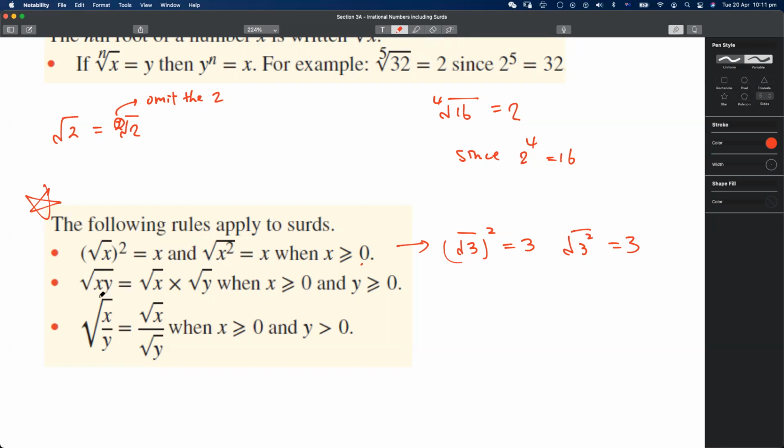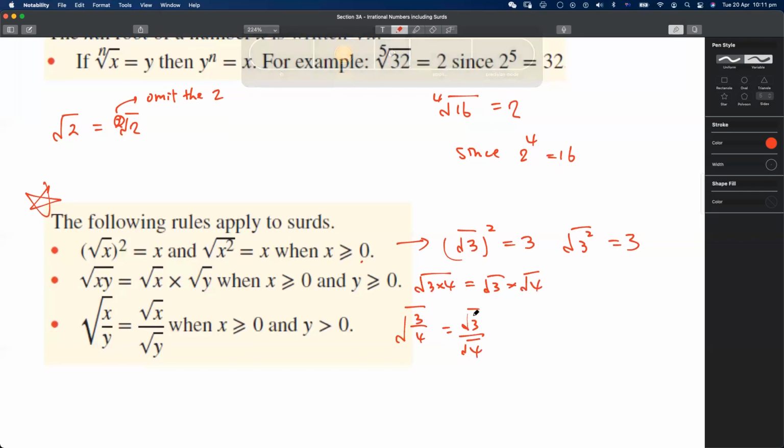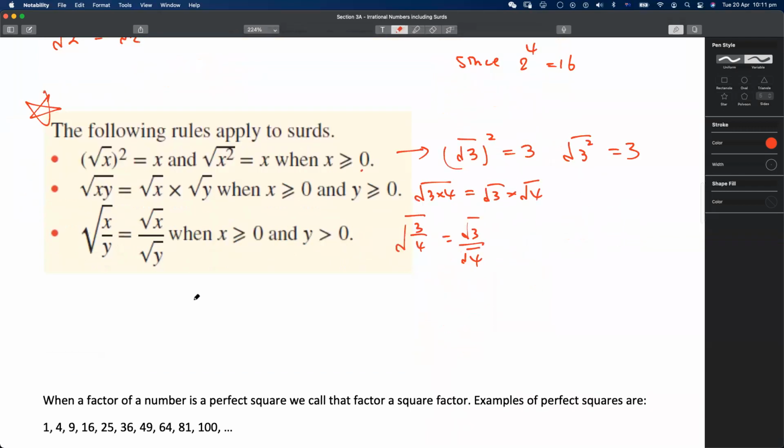Next one, √(xy) is equal to √x times √y, so this product could be split. For example, √(3×4) is going to be √3 times √4. And the last one, √(x/y) is going to be √x over √y. So √(3/4) is going to be √3 over √4. I've shown you some examples, and these rules should be in your mind.